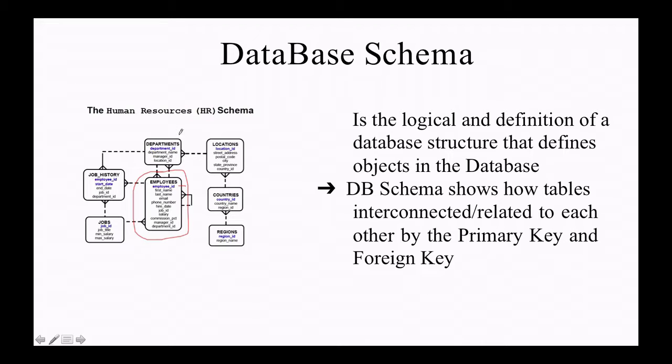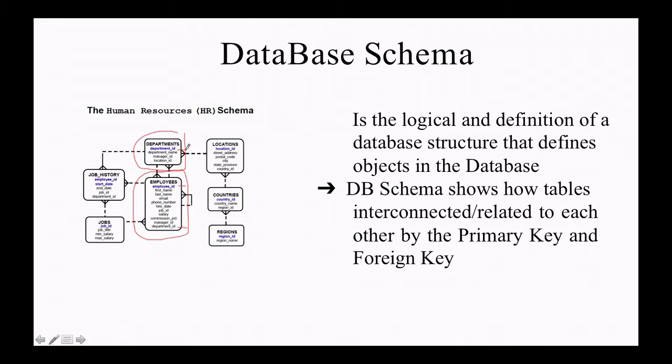For instance, there's a department table. The department table has department ID, department name, manager ID, and location ID as attributes within it. If you can see, department ID exists in both the employees table and the departments table. These exist to create some sort of relationship between these two tables.